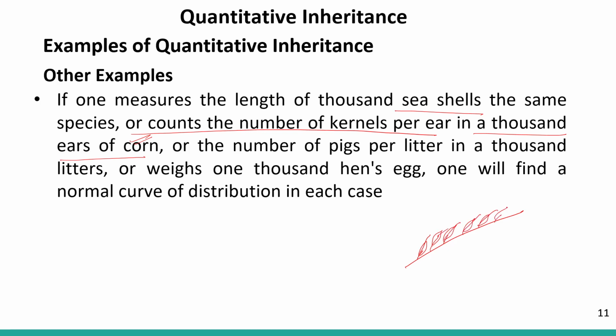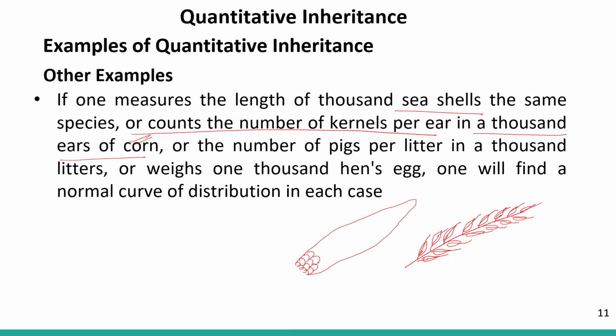This is called ear, kernel color in wheat. So this is kernel color. That is the ear of the corn and the wheat also. If we see the corn, it will be like this, right?